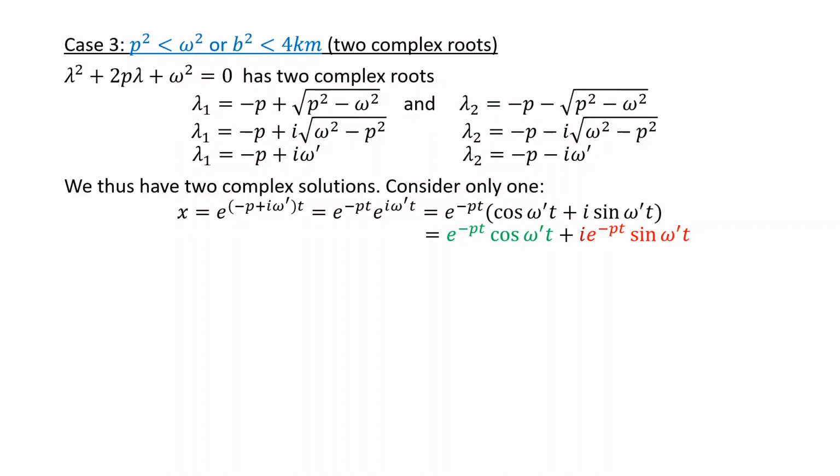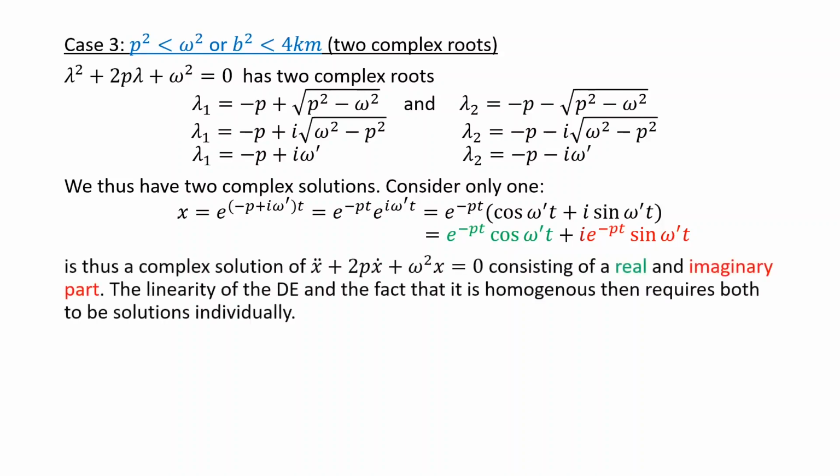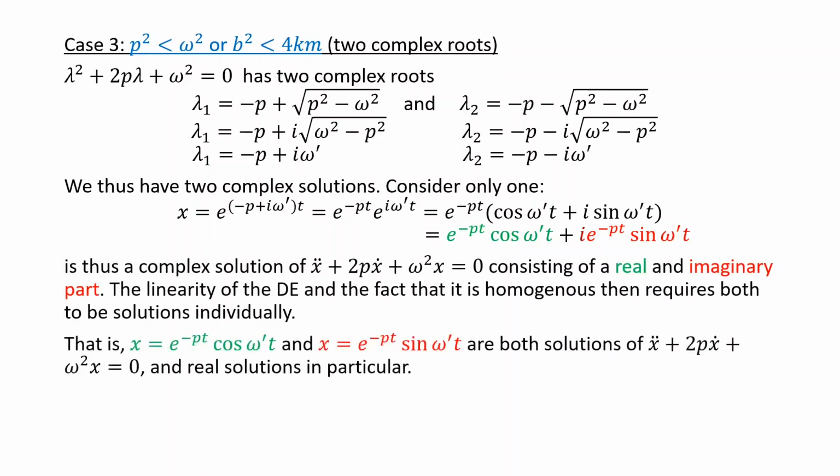When I've got a real and an imaginary part to a solution like this, and it is a linear homogeneous differential equation, then you can go ahead and check in a few steps that the real and imaginary parts individually have to be solutions. So the green and the red part are both solutions. That means I have actually found two real solutions that are clearly linearly independent.